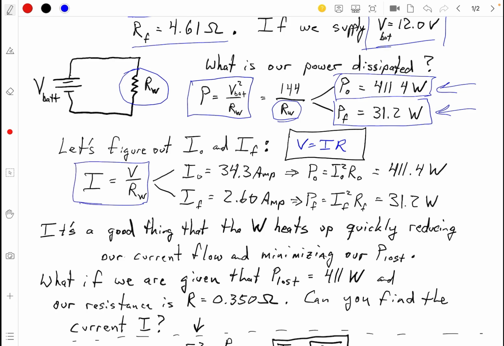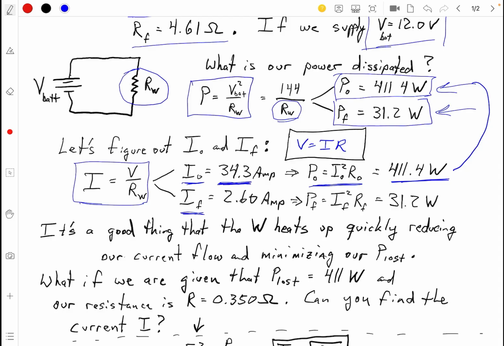So we're going to have our I initially, and then we're going to have our I finally. Since there's hardly any resistance initially, our current is a lot. That's the reason our current is so big, that's the reason we lose so many watts initially. And that's a lot of watts.